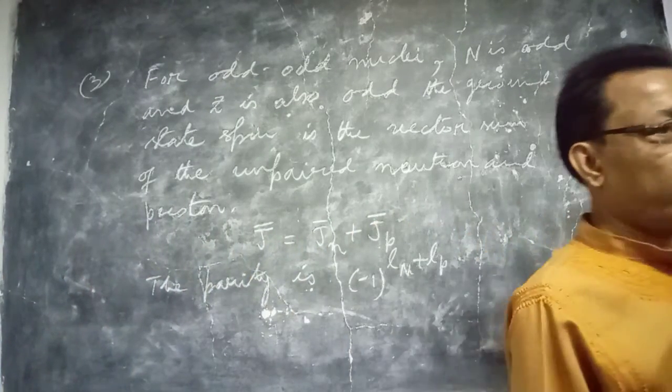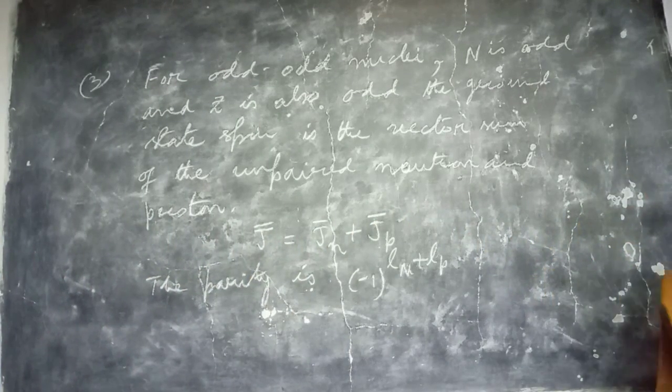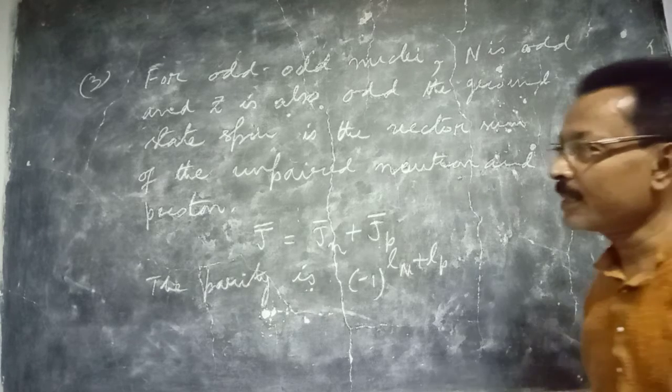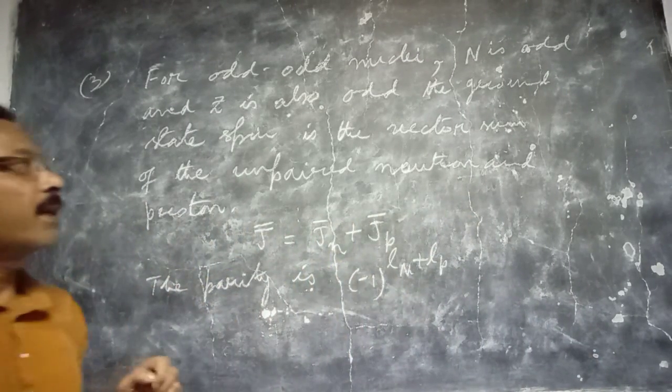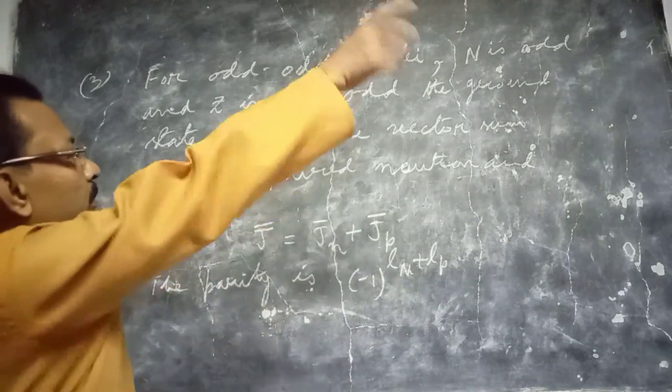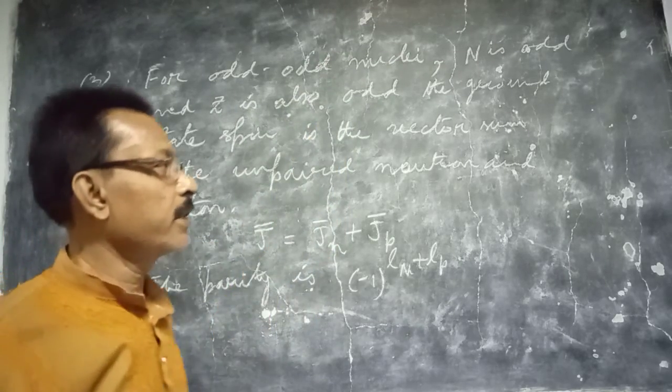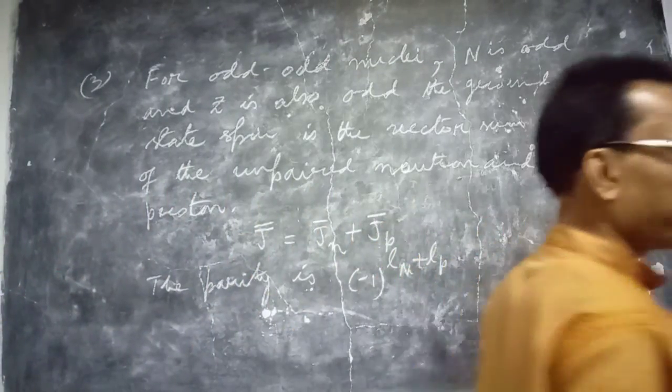If we calculate nitrogen 14, an odd-odd nucleus, its ground state spin according to the shell model does not match with the experiment. It is a different value. So there are certain exceptions for odd-odd nuclei. There are certain nuclei for which this cannot be reproduced, because those nuclei have very large quadrupole moment.